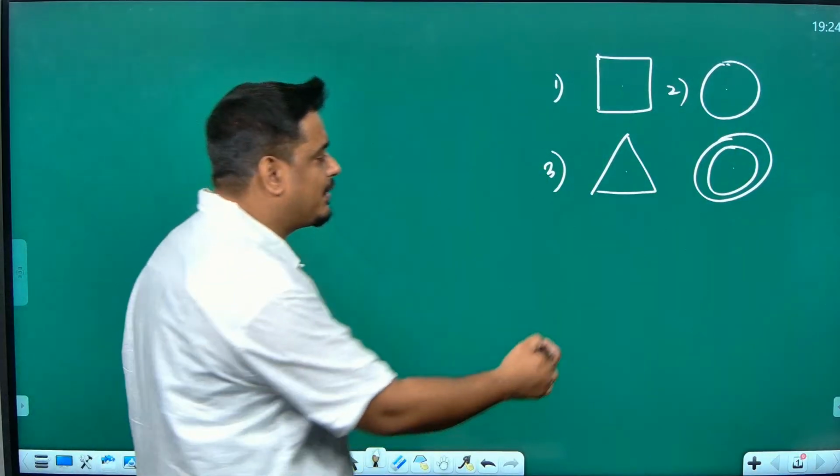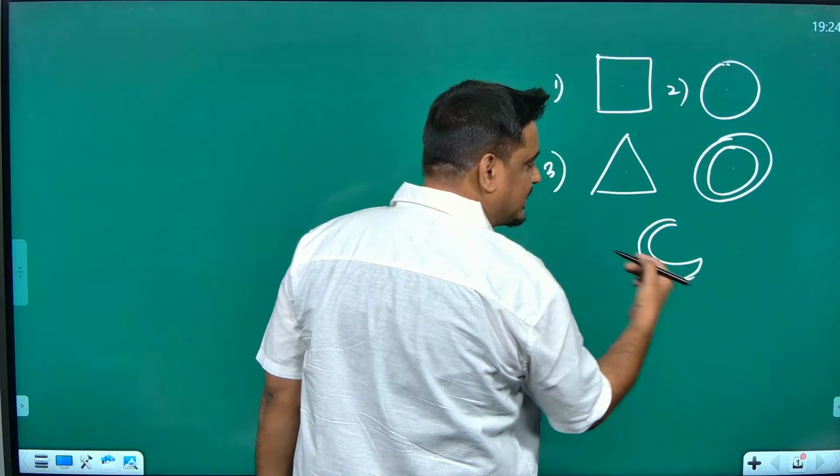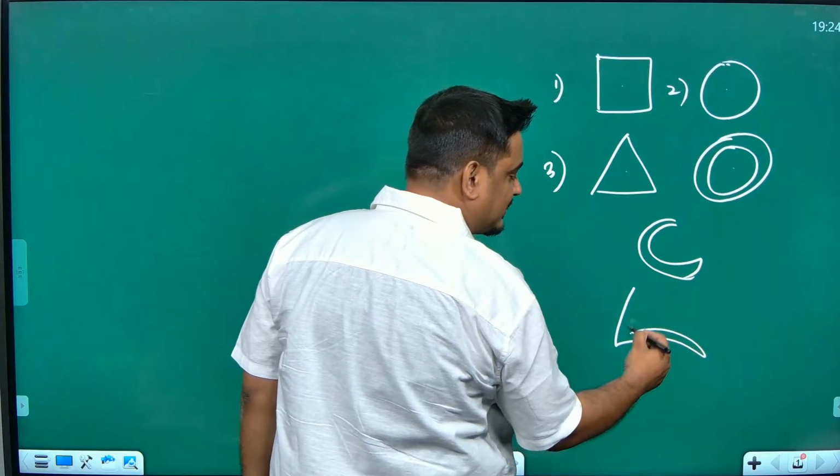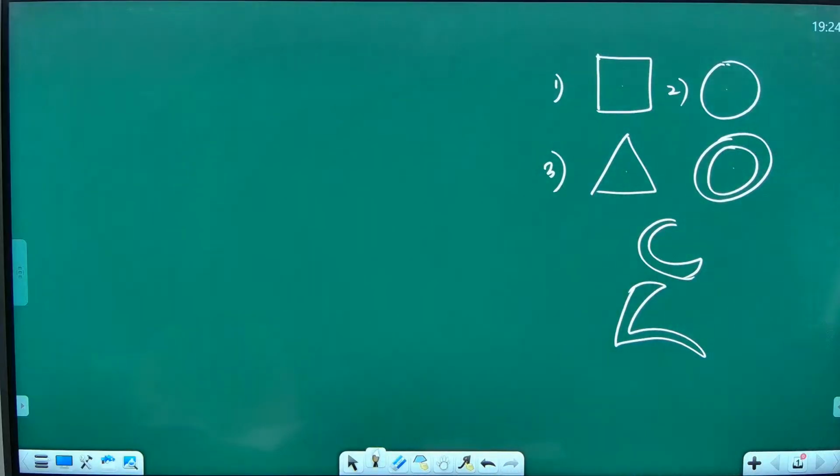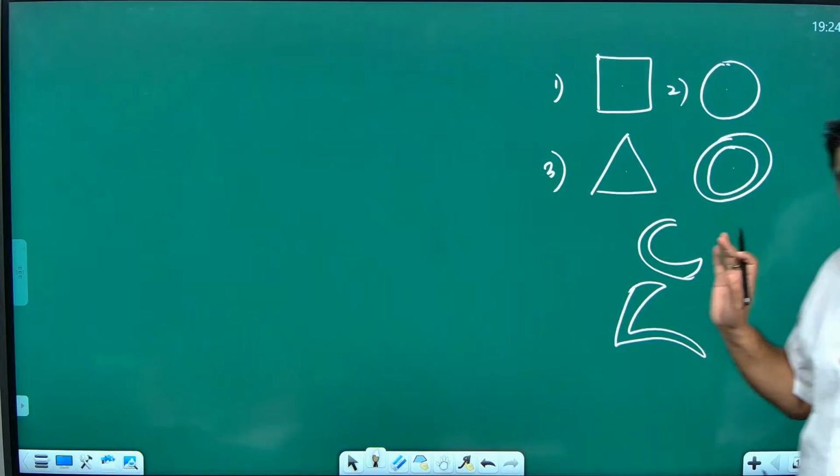Same way if I draw a diagram like this, like a crescent, or a diagram like this, in all the scenarios the center of mass is going to lie somewhere outside its surface. It won't lie on the surface, right? So that's what center of mass is.